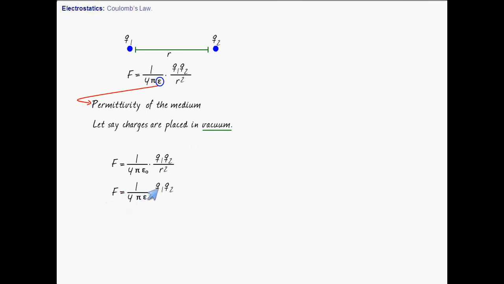The permittivity of a medium upon the permittivity of free space or vacuum, epsilon naught, is called the relative permittivity or dielectric constant K. So the permittivity of any medium can be written as K times epsilon naught, where this K is the dielectric constant.